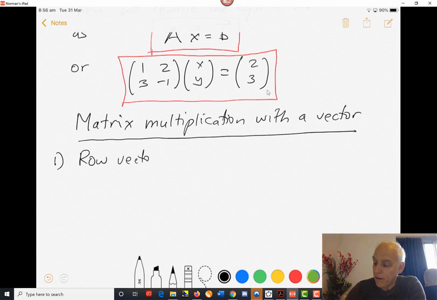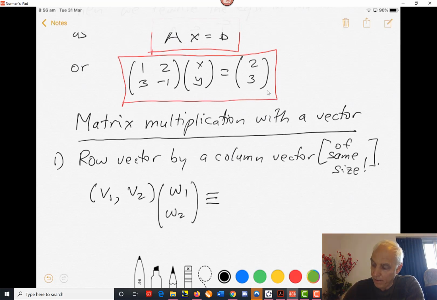Then we're going to define their product, v1, v2 times w1, w2, to be the 1x1 vector, v1 times w1 plus v2 times w2. That's the definition of how you multiply a row vector by a column vector.